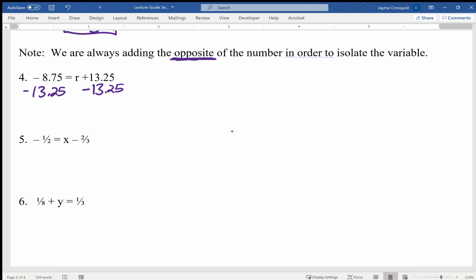Alright, so I end up with r being equal to 5 and 5 is 10, carry the 1. 7 and 2 is 9, plus 1 is 10, carry the 1. 8, 9, and 3 is 12, so put down the 2, carry the 1. 1 and 1 is 2. Negative, so r is equal to negative 22.